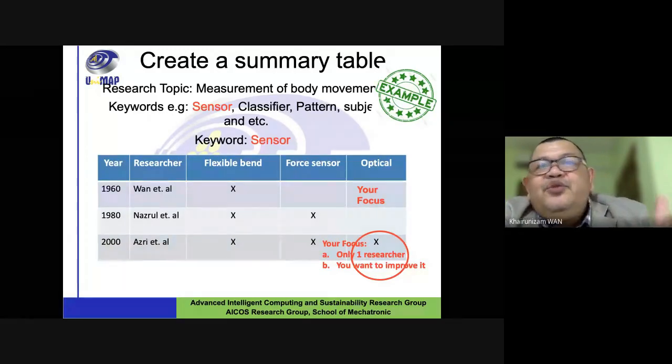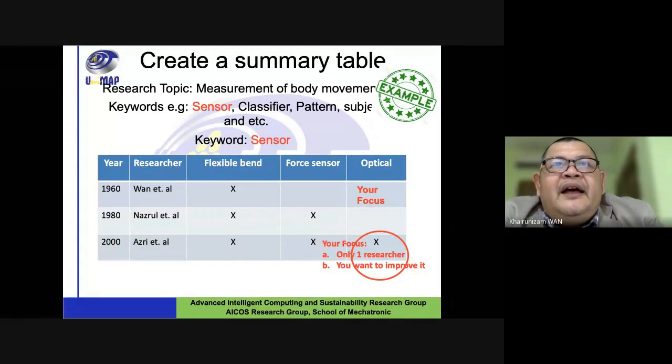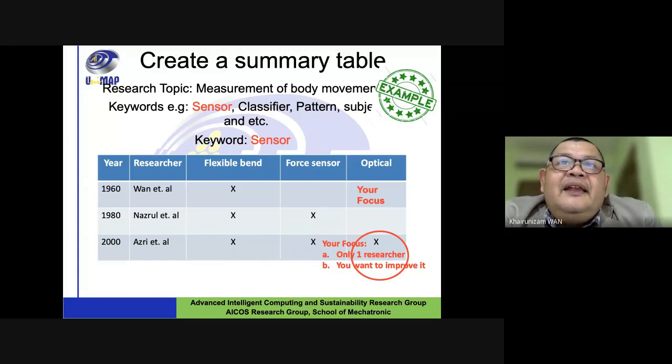So you create another column, and that column is the type of sensor used. The first type of sensor is a flexible band, the second type of sensor is a force sensor, and the third type of sensor is an optical sensor. You see from the table, all of these three researchers use a flexible band.